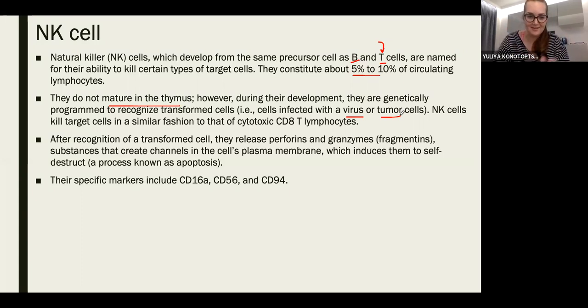Like it shoots little tiny vesicles at a cell which is infected, and those vesicles contain perforins and granzymes. And what do they do? They literally make holes in the plasma membrane of the infected cell. If there is a hole, it means that cytoplasm can leak out, ions leak out, so that forces your cell to undergo apoptosis. So this is why natural killer cell, I repeat, it literally shoots bullets.